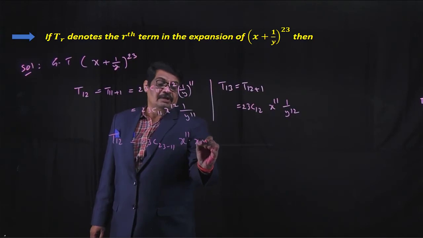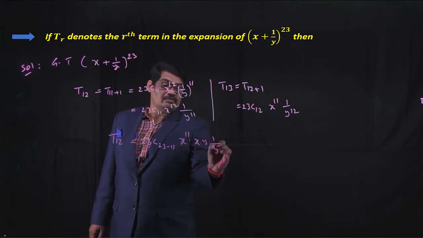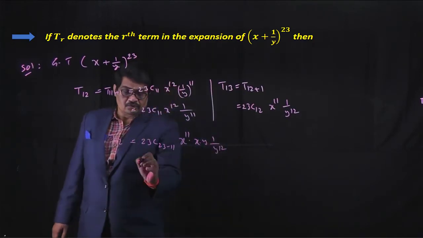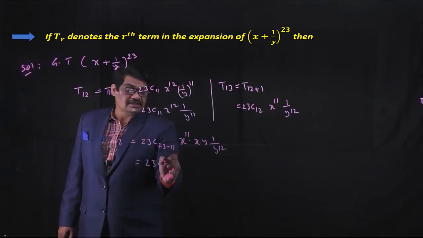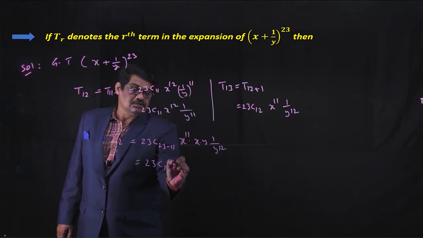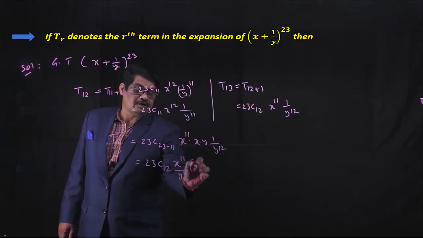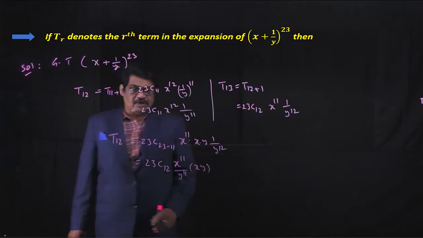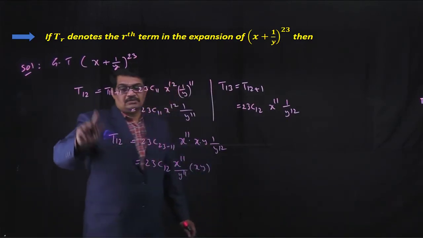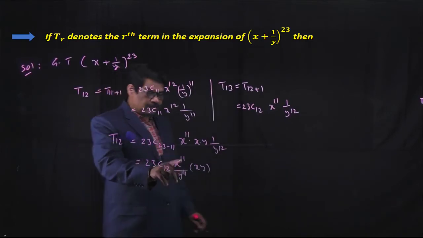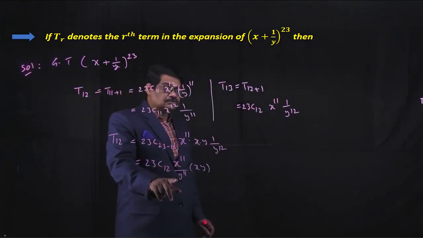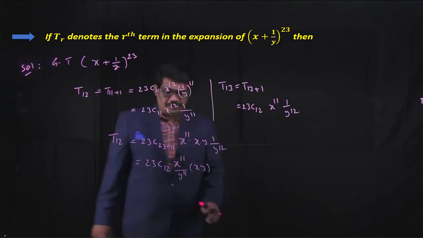Here we are multiplying by y and dividing by y to the power of 12. So that is 23C12, since 23 minus 11 is 12, x^11 by y^11 into xy. So from this T12 we are writing 23C12 into x^11 by y^12.